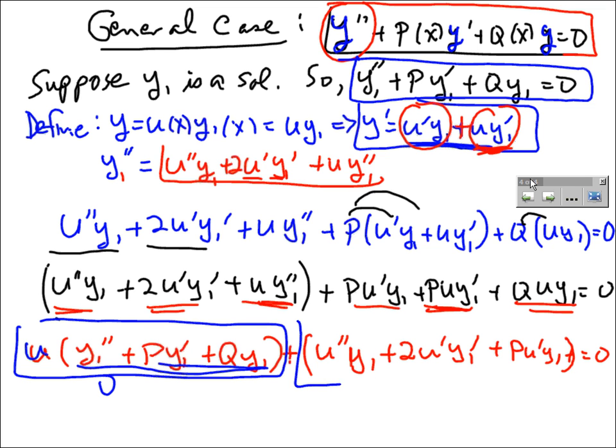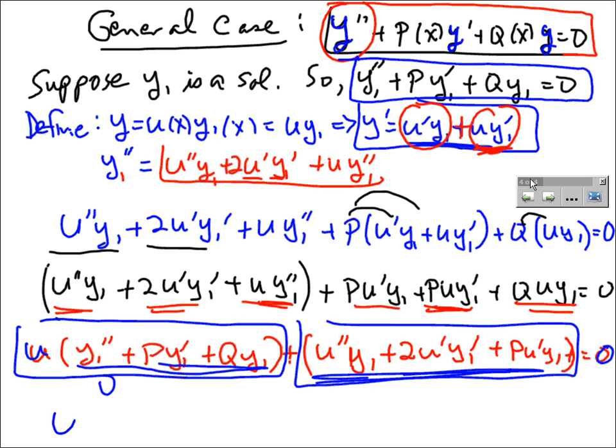So 0 plus this is equal to 0. Well, then this is also 0: u double prime y sub 1 plus 2u prime y1 prime plus pu prime y sub 1, that's 0. Now this equation is 0.